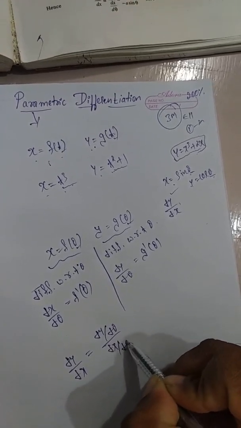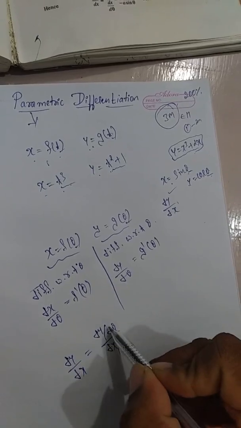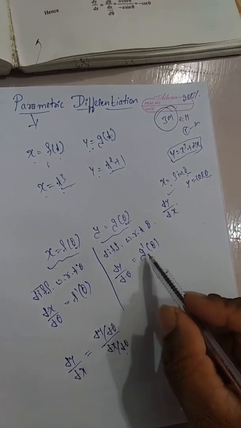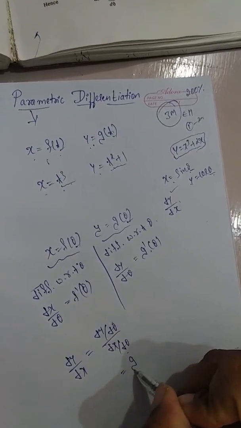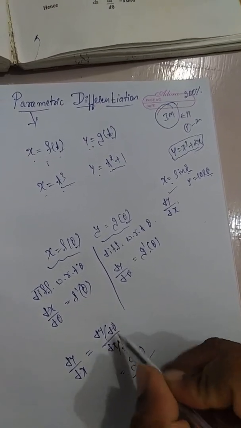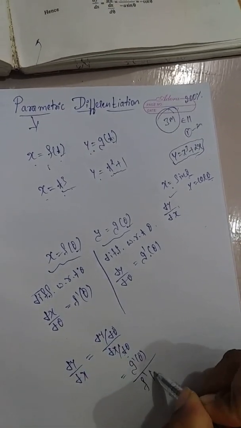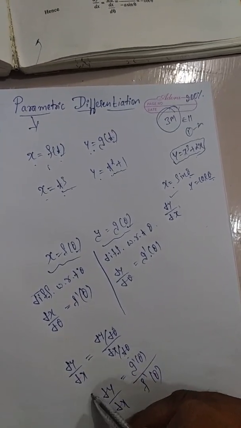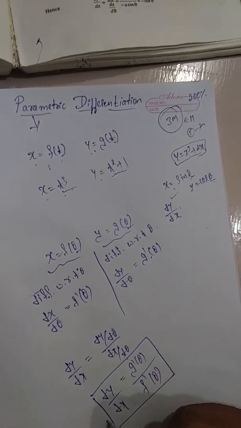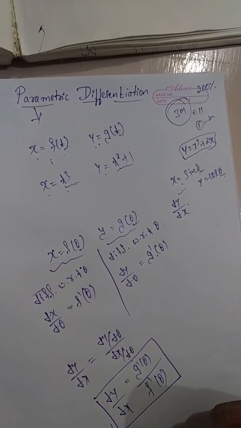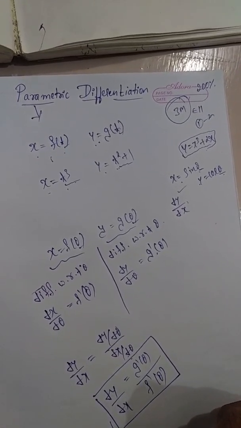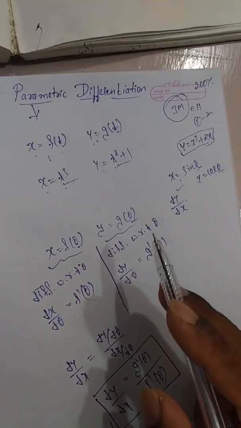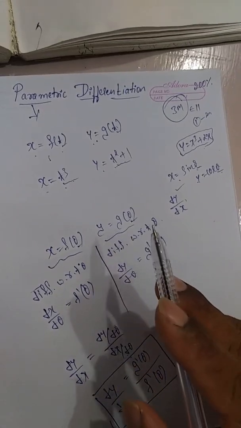You can cancel the d theta in numerator and denominator. dy by d theta is g dash of theta, and dx by d theta is f dash of theta. Like this we find dy by dx. This is the procedure. So in parametric differentiation, the function is in the form of theta.